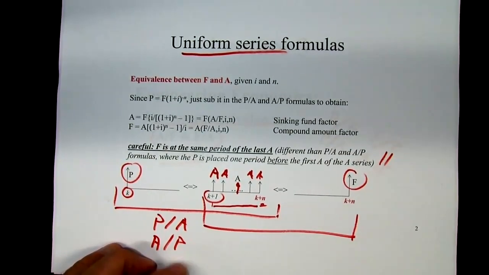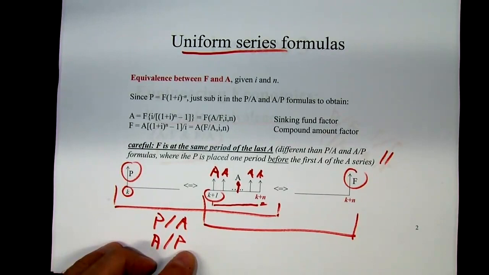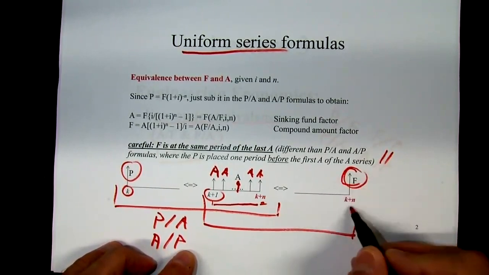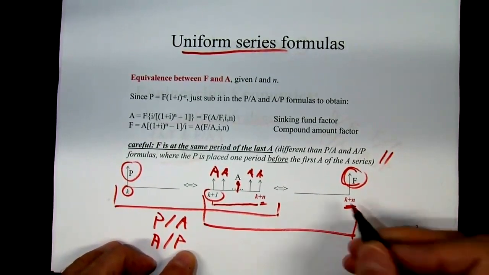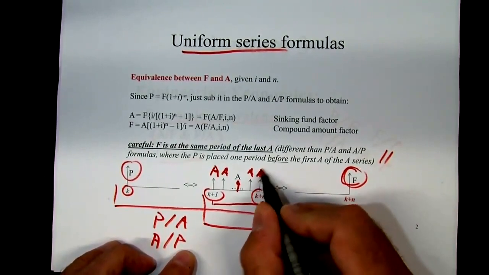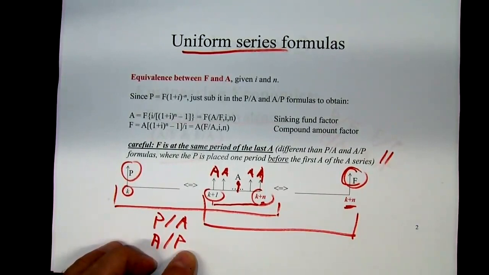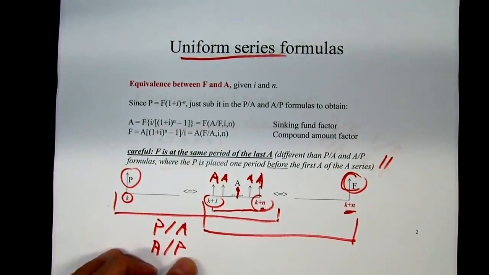However, the other equivalence, from A to F, doesn't have a symmetric meaning, because the period in which your equivalent F is placed is the same period as your last A. So we are missing that gap between the end of the series and the actual F value.